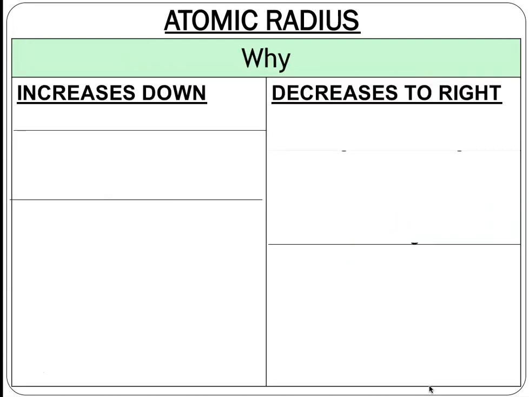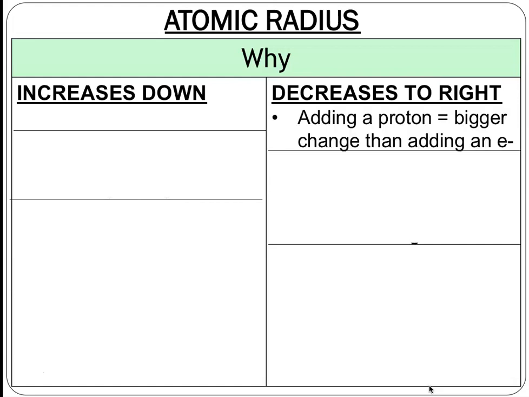All right, we've got to our why. So we know it increases down, and we're going to look at it decreasing to the right, even though the arrow we just saw shows it also increasing to the left. So for decreasing to the right, we're adding a proton. The nucleus is getting bigger. And adding a proton compared to adding an electron going left to right, it's a bigger change. Protons, they're much larger.